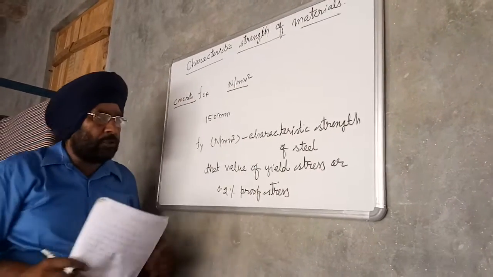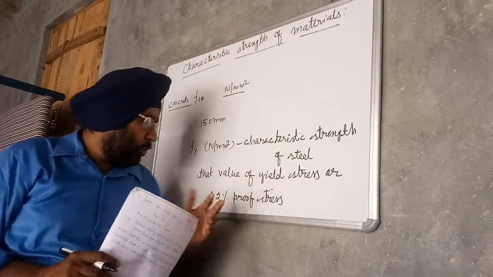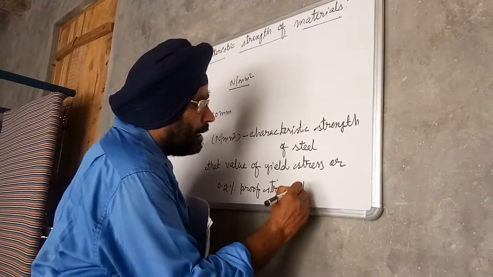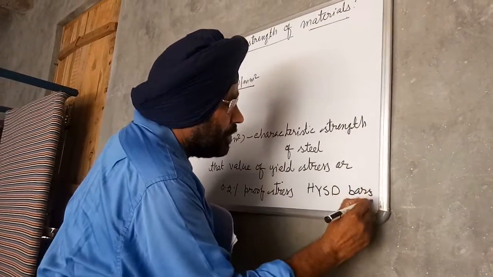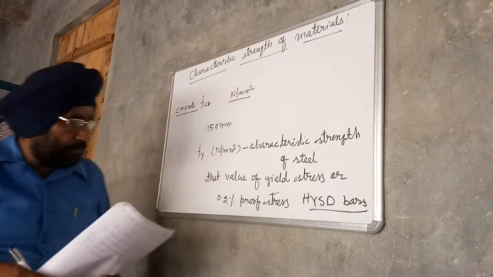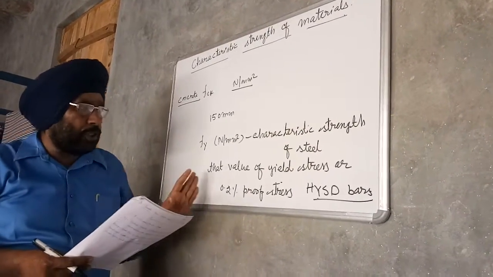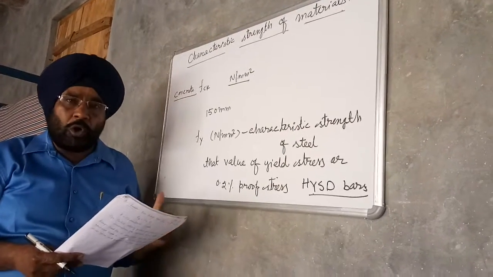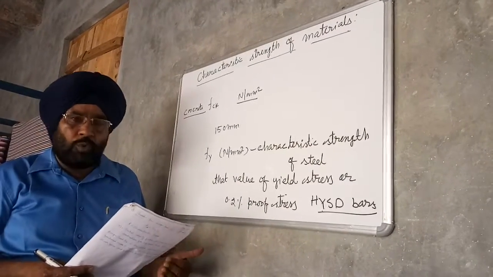The term yield stress is used when we use mild steel, and 0.2% proof stress is used when we use HYSD bar. HYSD bar means high yield strength deformed bars, also called Tor steel. So the characteristic strength of steel is defined as that value of yield stress or 0.2% proof stress below which not more than 5% of the test specimens are expected to fall.